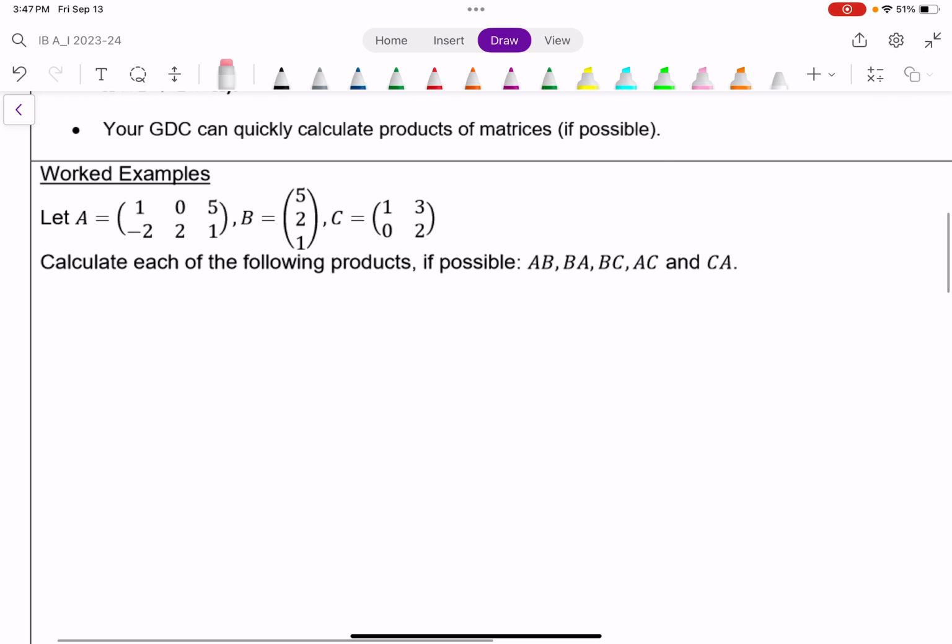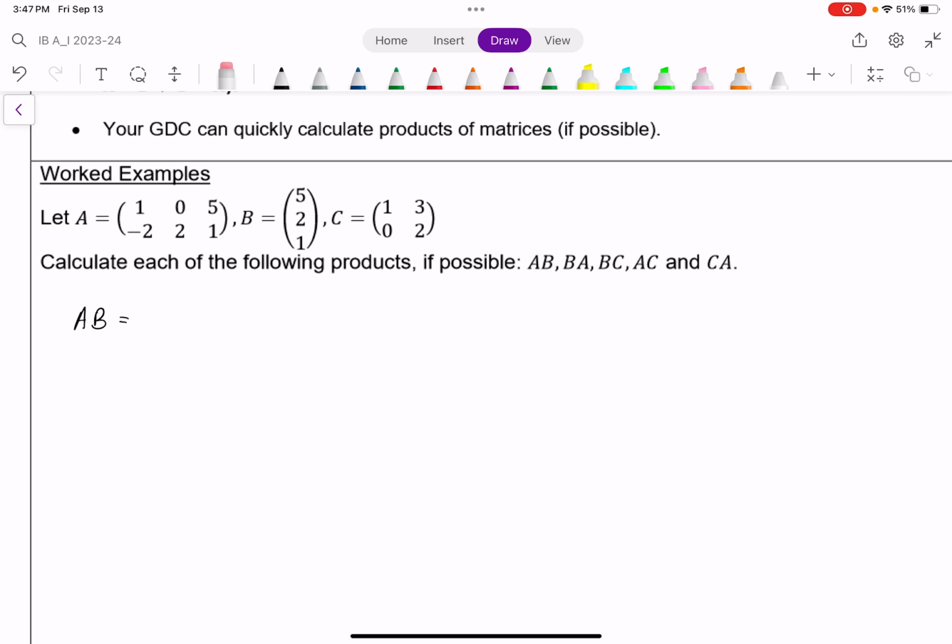I have 3 different matrices here, A, B, and C, and I want to multiply, if possible, and we'll see quite often it's not possible to multiply matrices together in this order. So let's look at A times B, which will be possible. And we'll see why others are not possible shortly. I want to start by multiplying 1 times 5 and then working my way across in this matrix and down here.